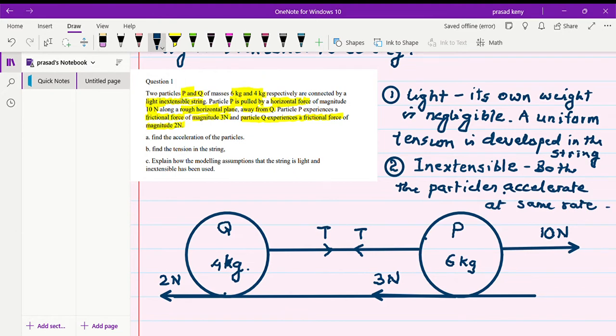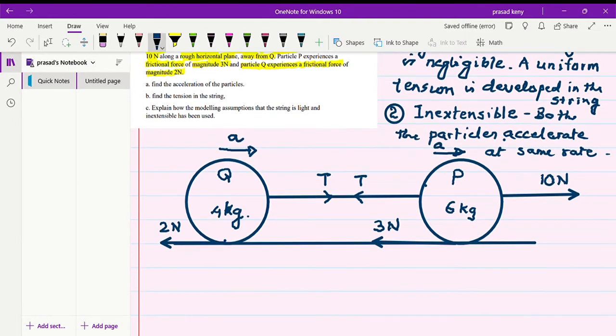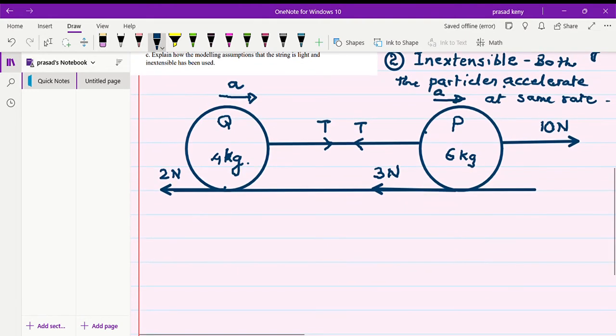That means the acceleration of both these particles will be the same because the string is inextensible. And this is how the modeling that the string is light and inextensible we are going to use in the problem.